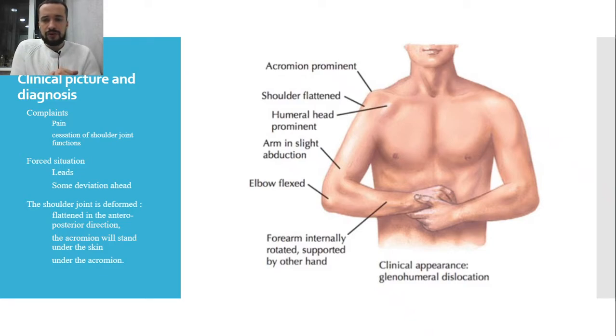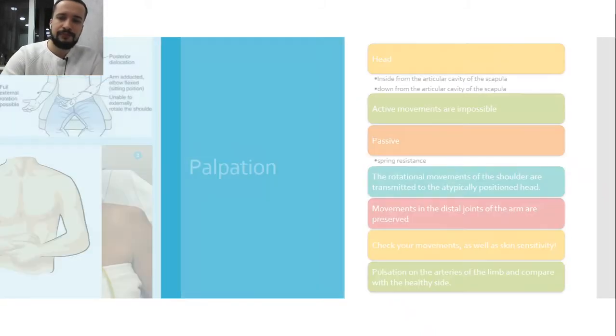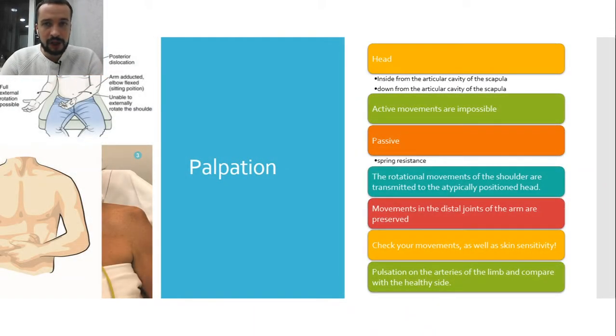The shoulder joint is deformed, flattened in the anterior-posterior direction. The acromion stands out under the skin. There is a trap under it. All this gives the joint a characteristic appearance. And in the picture you see it.